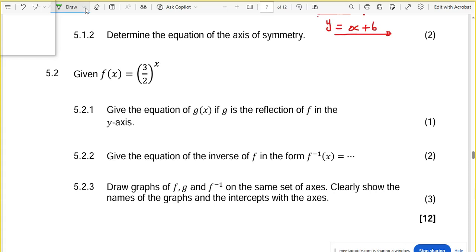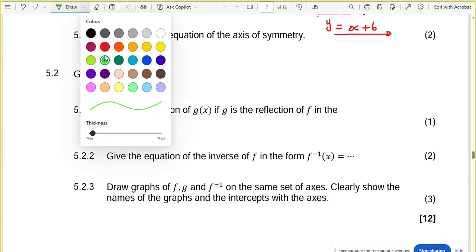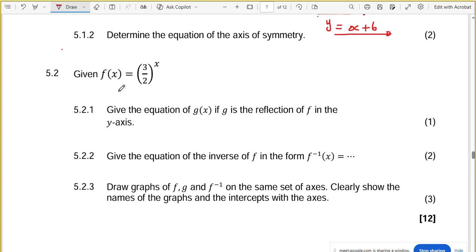Okay, this is what is given, and they said, on 5.2, give the equation of g at x if g is the reflection of f in the y-axis.